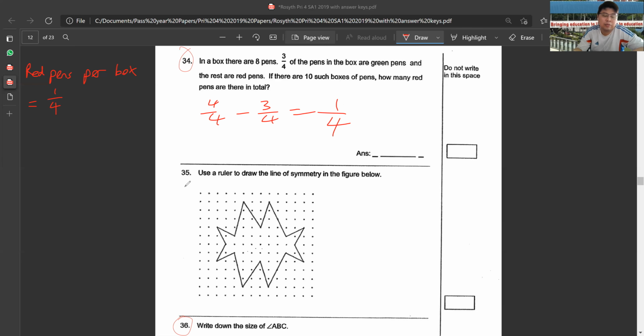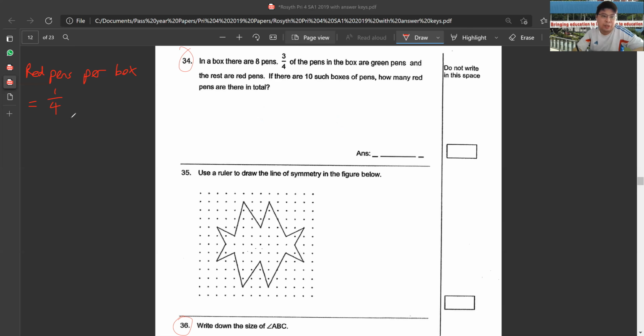In a box, one whole minus 3/4 is 1/4. 3/4 are green pens, so we are left with 1/4 that's red pens.